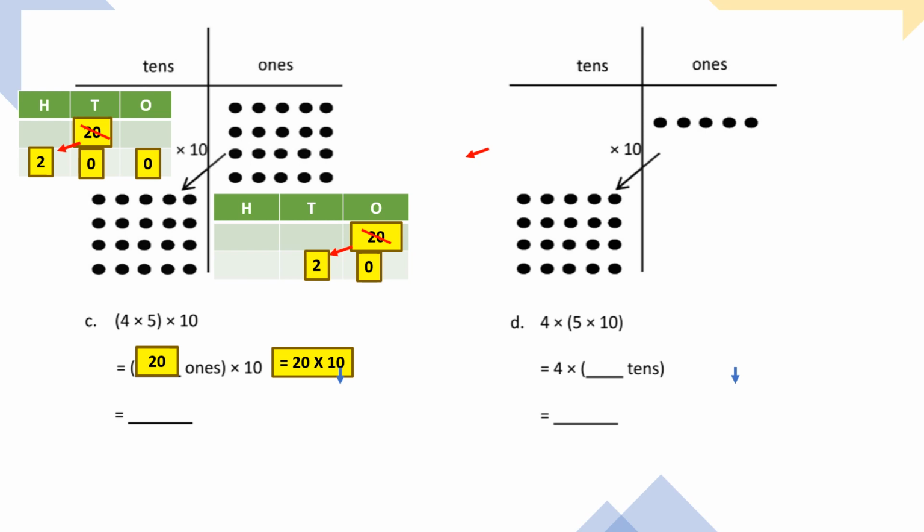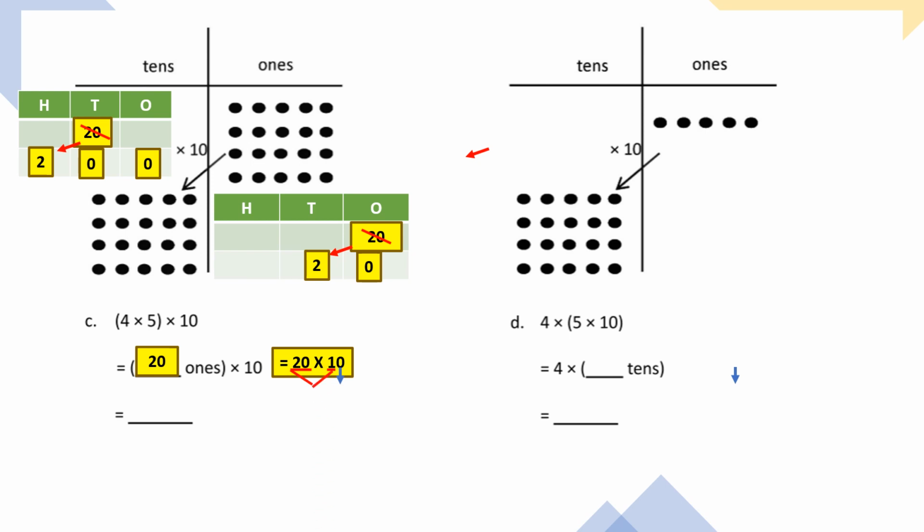All right, now let's use our special trick to solve 20 times 10. I'm going to take the whole number 20, and I'm going to multiply it times the first digit in my multiple of 10, which means I'm going to multiply 20 times 1. We know that anything times 1 is that number.